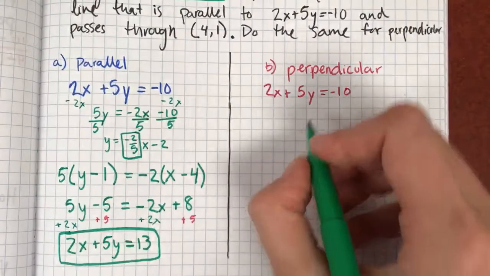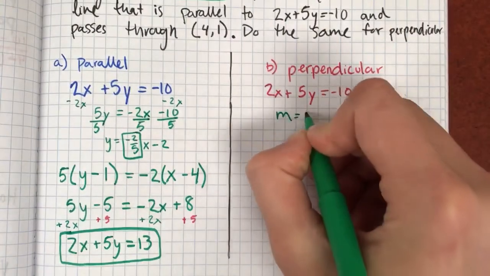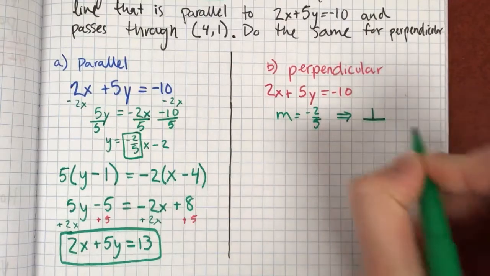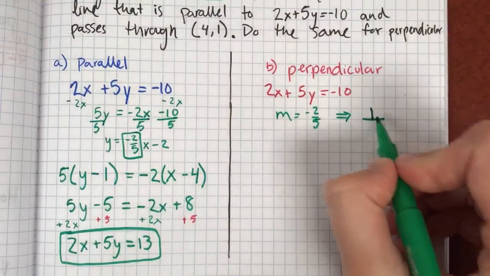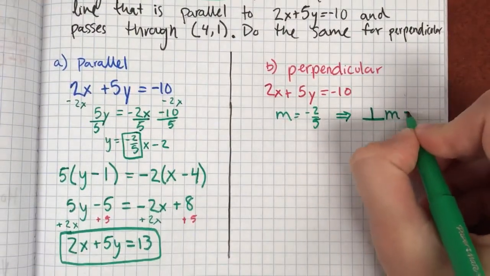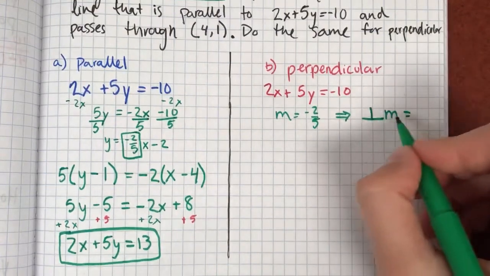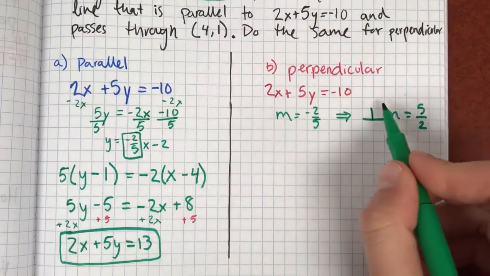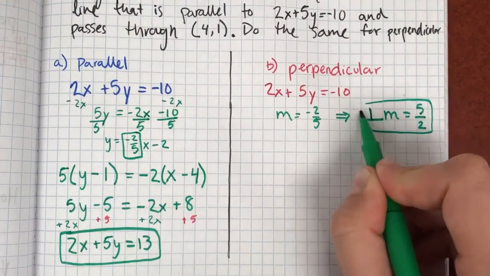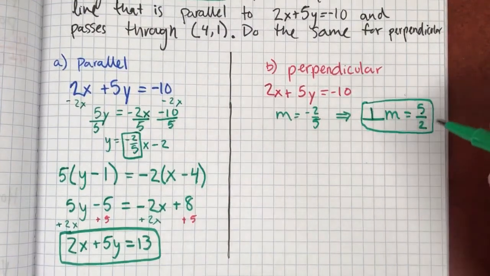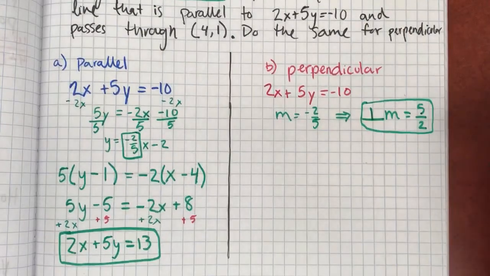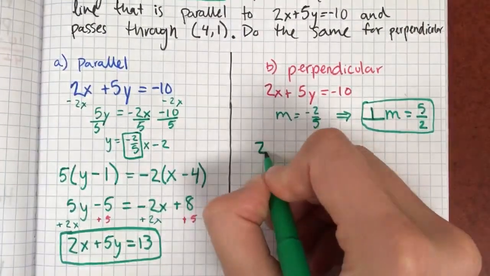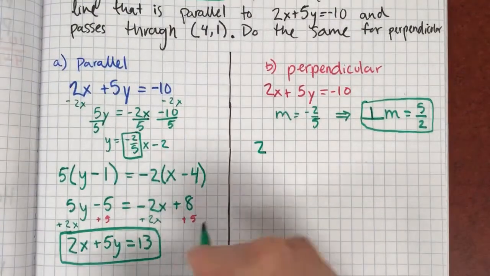All right, over here, we already know that our slope is -2/5. So our perpendicular, and that upside down T means perpendicular, our perpendicular slope would be 5/2. And that's what we're going to be using here. We flipped our fraction and we made it positive. So for this, we've got our work cut out for us because we didn't have to find our slope.